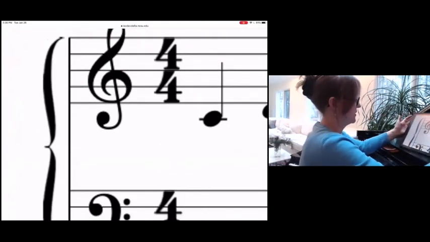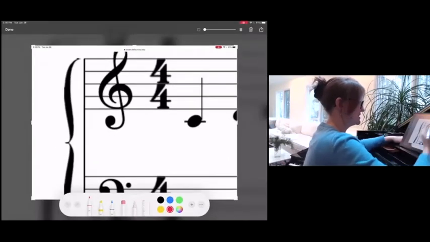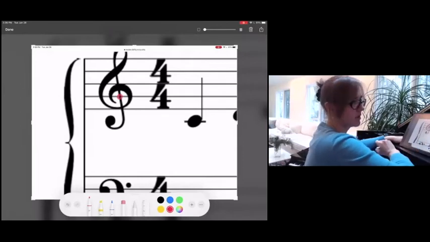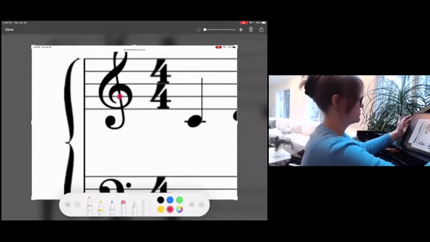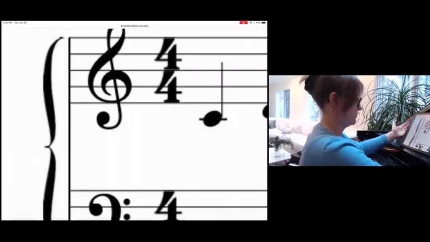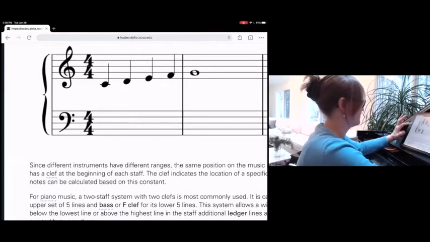So here, the fine print doesn't really tell you, but the beginning of the treble clef is G above the middle C. That should also enable you to read the notes in the treble clef.